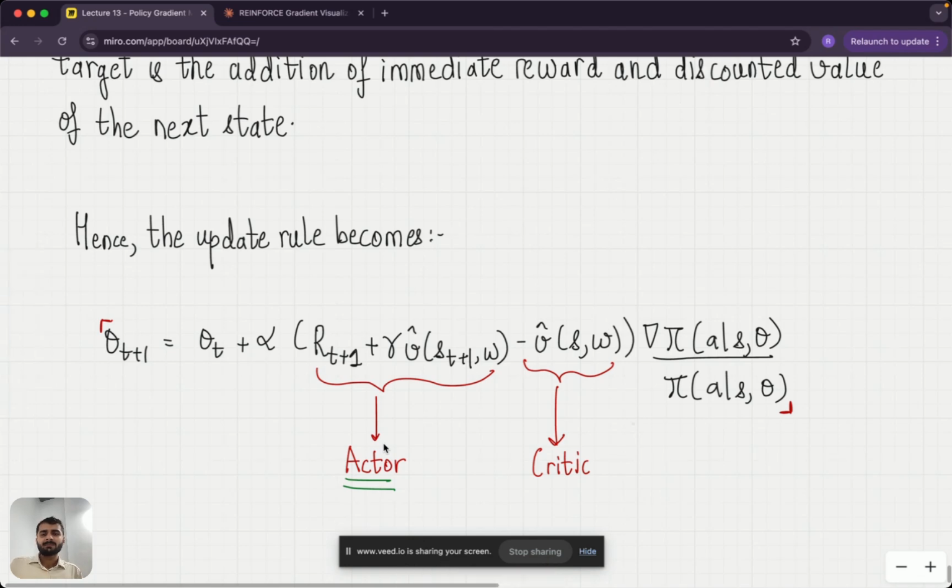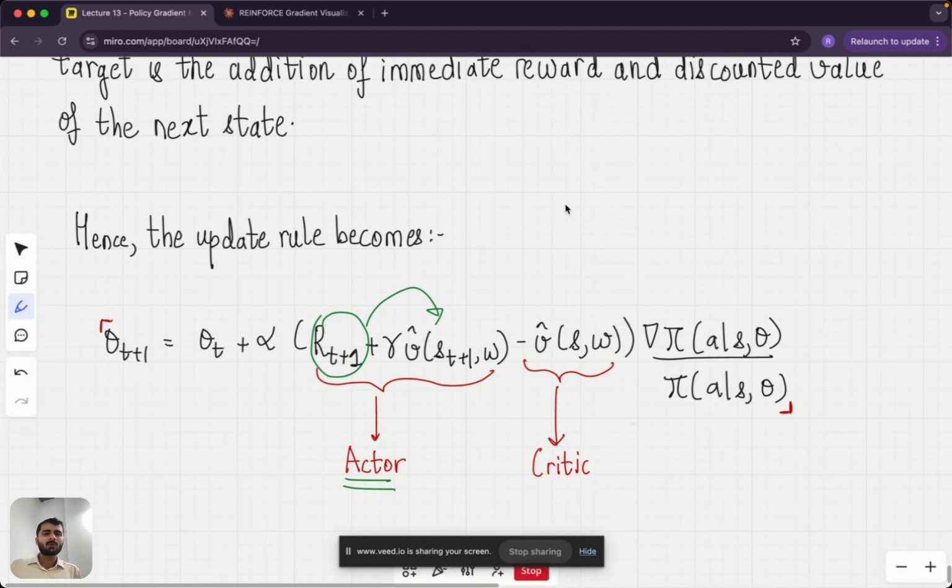So whenever the agent is taking an action, it is receiving a reward R and it's going to the next state whose value is given by V of S t plus 1. And since we are subtracting it from the critic, it's like someone is criticizing that action. So that is why it's referred to as actor critic.